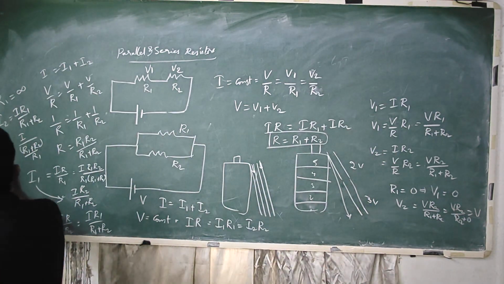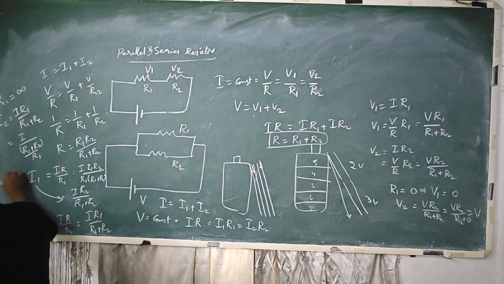So what do you get? I2 is equal to I times 1 by 1 plus R2 by R1.